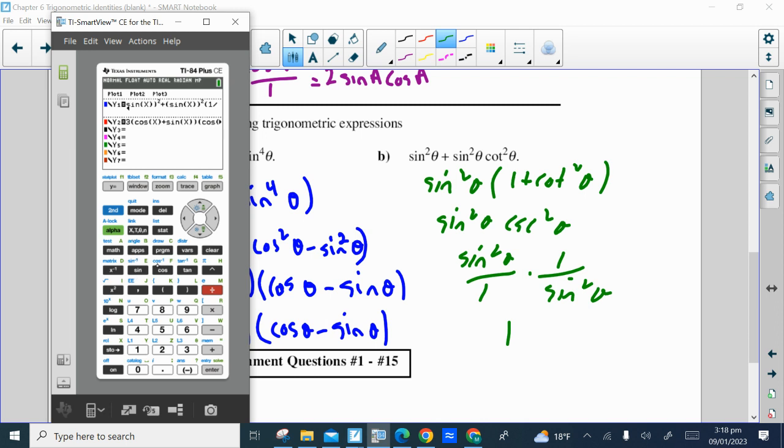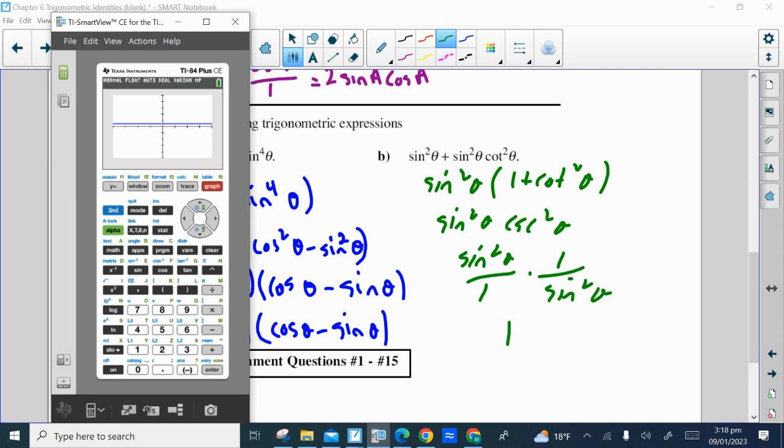Actually, I don't need another bracket because it's just one factor, but I have to make sure that I square it. So I'll clear that second equation. So remember that this whole thing simplified to positive 1. So when I graph it, I should get that line y equals 1, which I do.